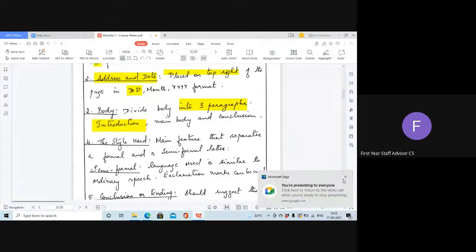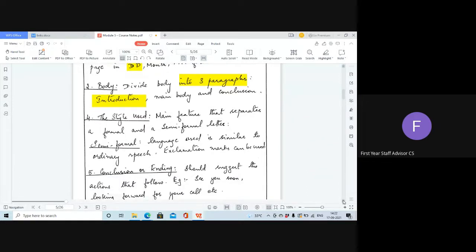So now here in semi-formal also we can divide it into three paragraphs. Then the style used is the main feature that separates a formal and a semi-formal letter. Semi-formal is more or less like a formal letter, but the difference lies in the style. In semi-formal, the language used is similar to ordinary speech, whereas we cannot use such things in a formal letter.